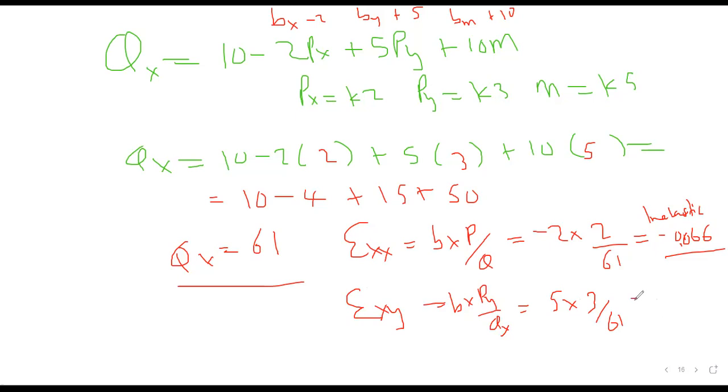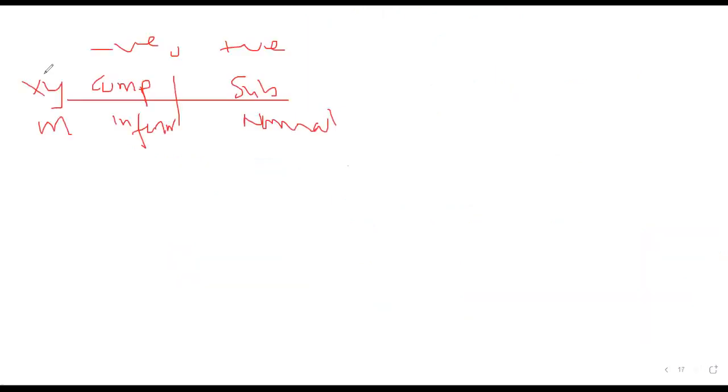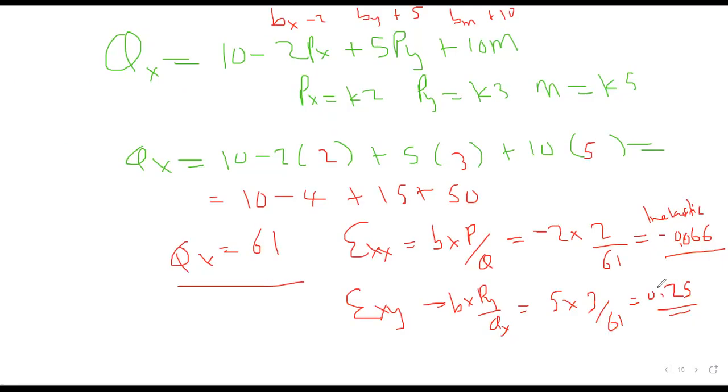We're going to get a positive 0.25. Since it's a positive, remember our key, it's a substitute good. So good X and Y are substitutes. You could also tell from the signs here: if the signs are opposite, they are competing goods, substitutes. If there was a negative here and a negative there, I would say they are complementing each other.